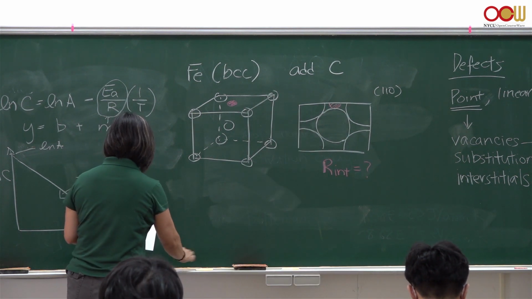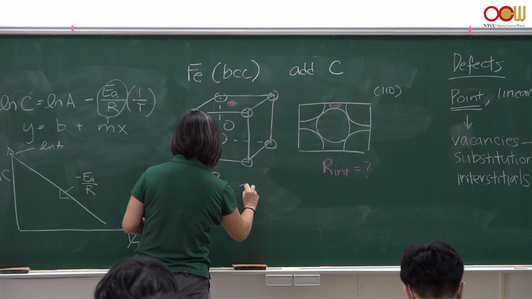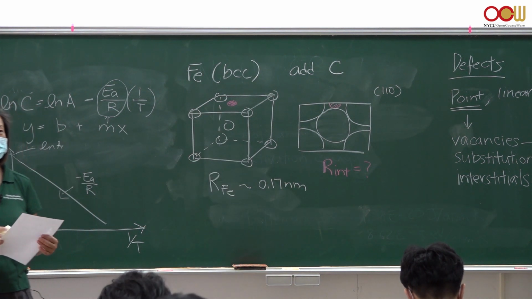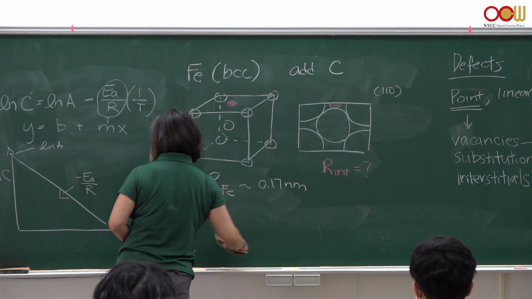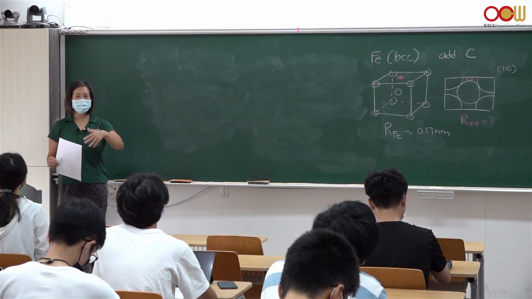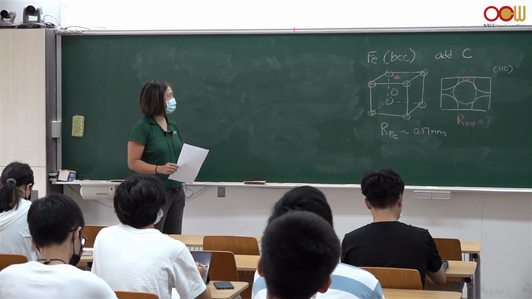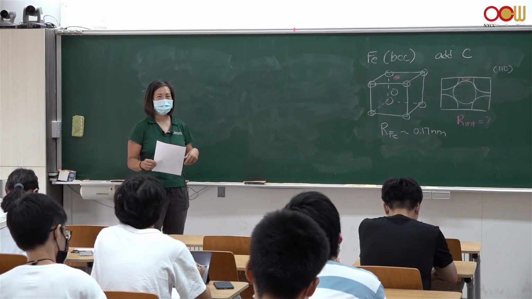And I will give you some. So the size of an iron atom is around 0.17 nanometers. So how would you calculate the size of the interstitial site? So go ahead and work on that on your own, or you could work on it with your neighbor if you want to talk to someone about how to solve this problem. And then I'll give you a couple minutes, and then I'll ask you what answer you got.